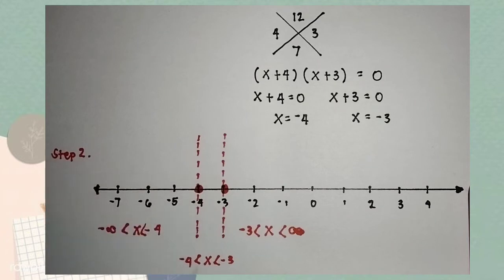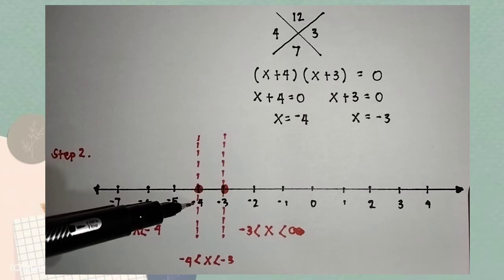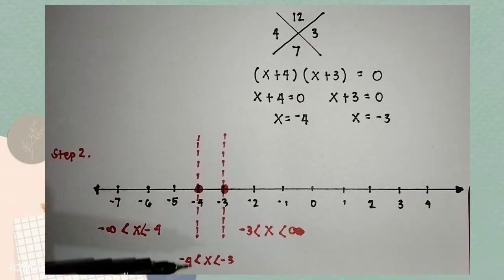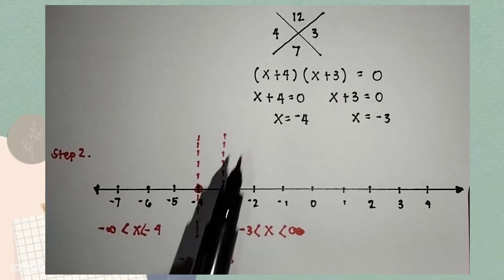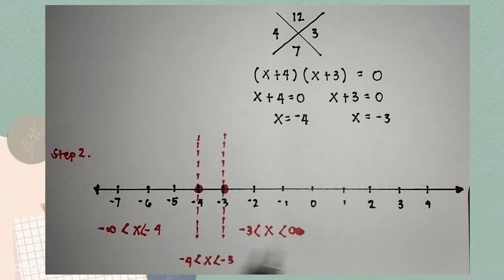The next interval has values of x greater than -4 but less than -3, that is, between -4 and -3. And the last interval has values of x greater than -3 but less than positive infinity.